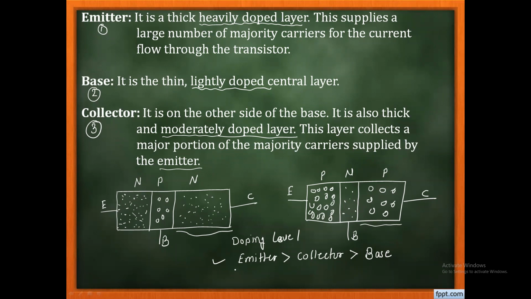It means that the physical size of the collector region is greater than, after the collector, whose size is bigger? The emitter region, and the base region always has a very small physical size because it is indicated here as thin.